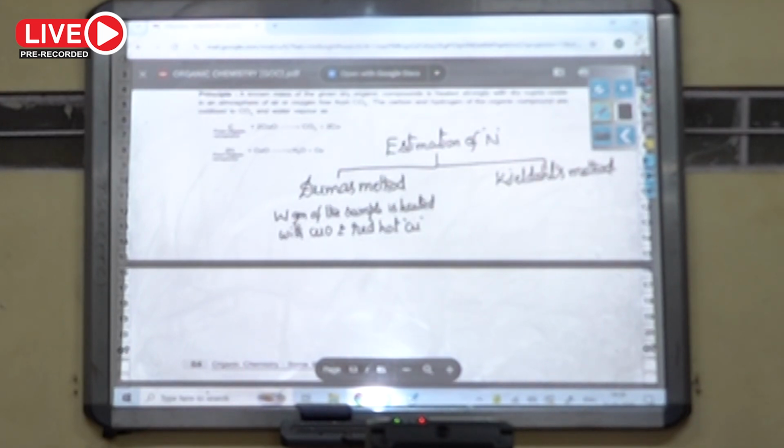So next point, nitrogen is first converted into oxides of nitrogen, which are reduced by red hot copper to free nitrogen, N2.